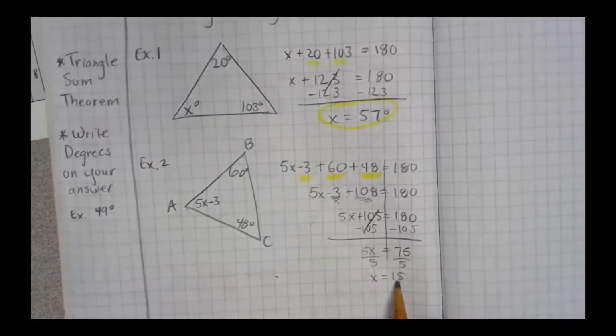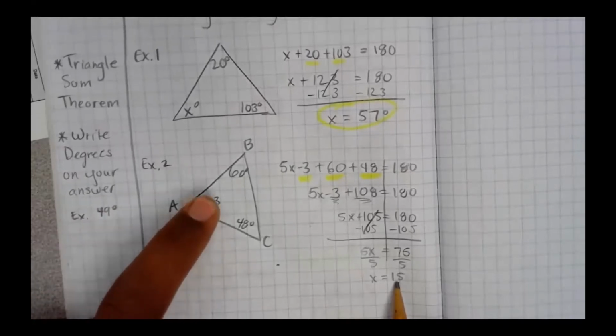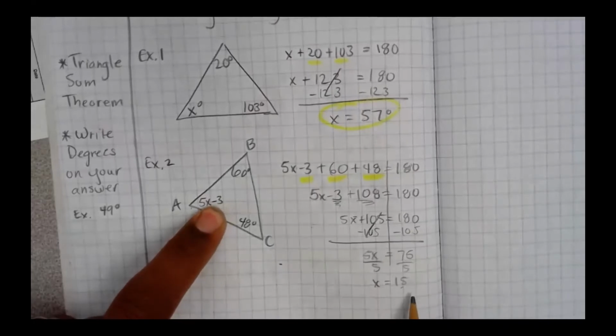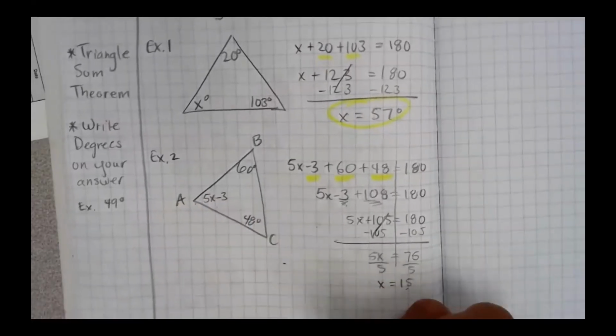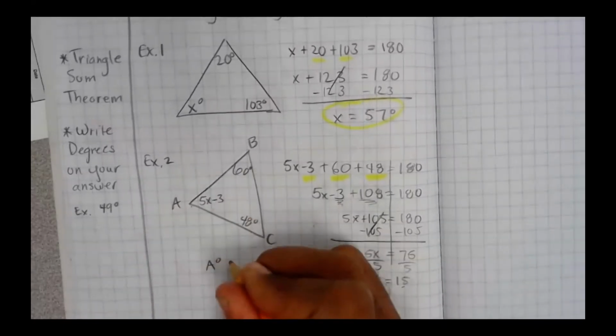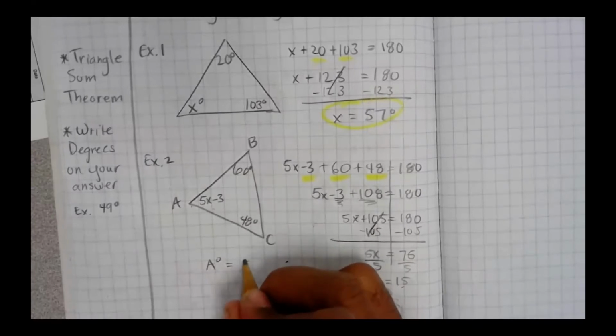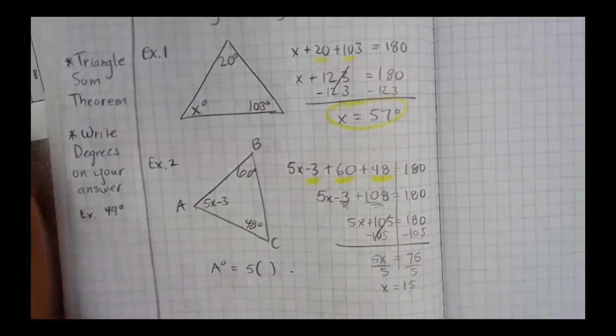However, that is X. That's not the answer, because the angle is represented by 5 times X minus 3. So that means what I got to do is take this and actually plug it back into that expression to find the actual angle. Okay, so now angle A, we'll call it, equals 5 times, basically I got to plug in this 15.